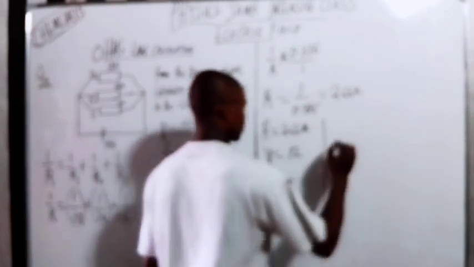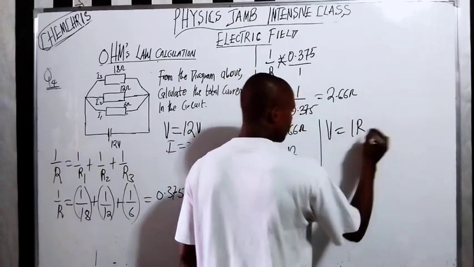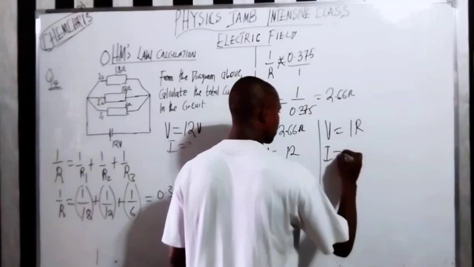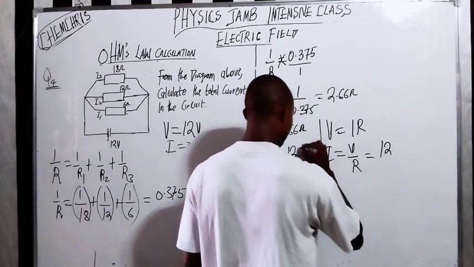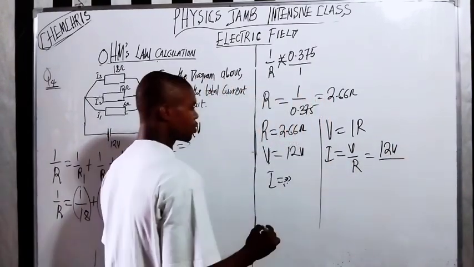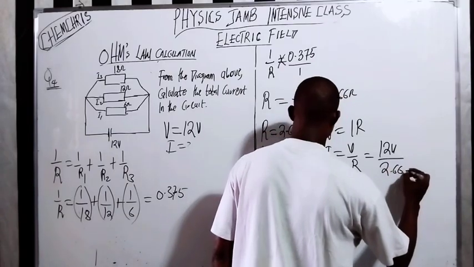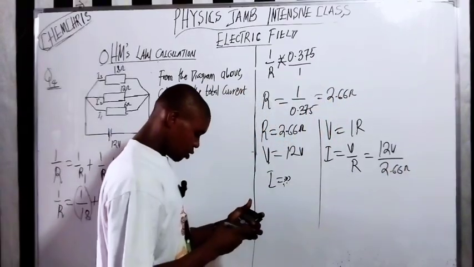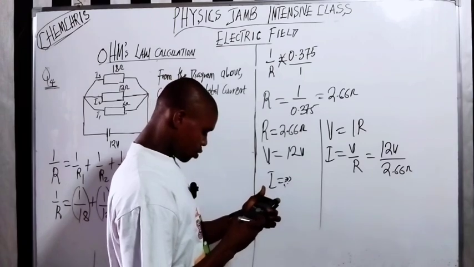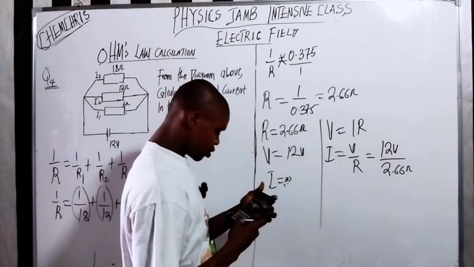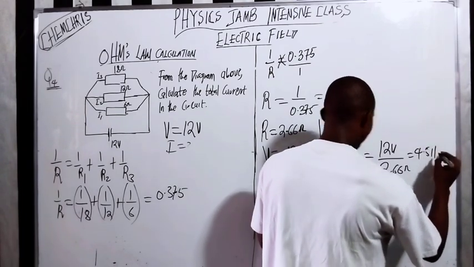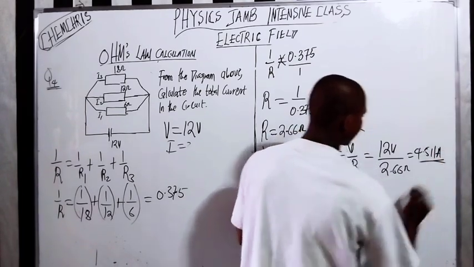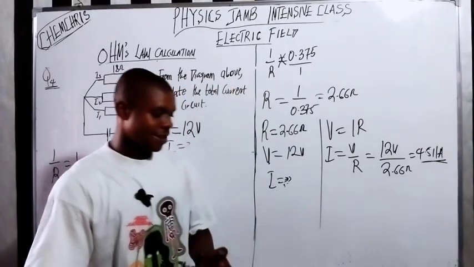So here we have V equals I times R. Making I the subject, from here we have I equals V over R. So my V is 12 volts over R, which is 2.66 ohms. So what will be 12 divided by 2.66? We have 4.511, just 4.511 amperes. That is it. So you can see how easy it is, right?